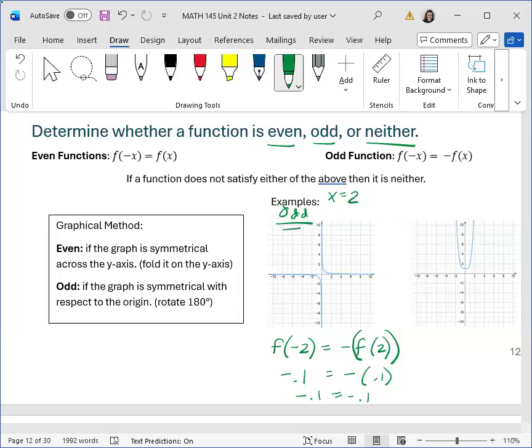Also, a way that you can tell even and odd functions is by the visual representation. So notice it says an odd function is one where the graph is symmetrical with respect to the origin, which, worded another way, means that you could rotate 180 degrees around the origin and the graphs would match up. So notice if I were to take this graph and rotate it 180 degrees. 180 degrees is a straight line.